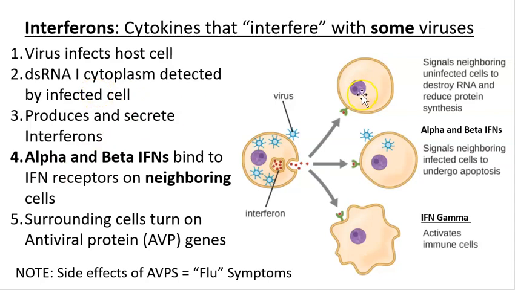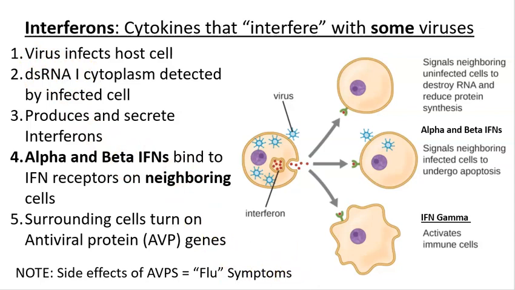And if we look at the final effect right here, your alpha and beta interferon proteins, those are the signal that's going to turn on what are known as antiviral protein genes. And those antiviral protein genes are going to go in there and slow down translation in the cells and also start to target our double-stranded RNA that is in the cytoplasm for that cell.